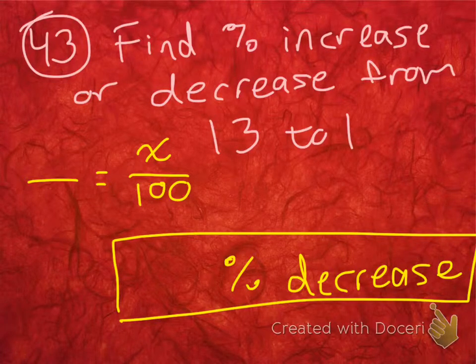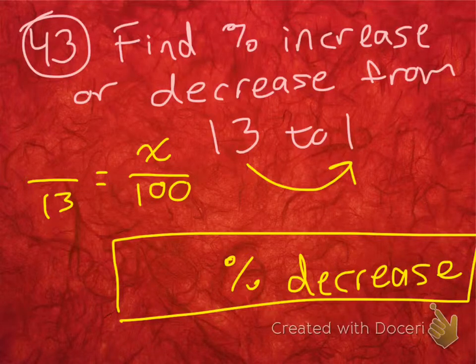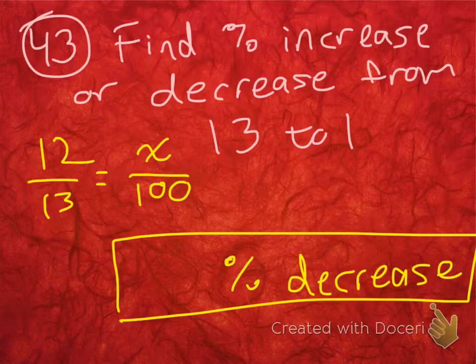So the original number, which hopefully you realize is the 13, that's the original number. That's going to go in the denominator. And the change, how much did it change to get from 13 to 1? Well, it went down 12, right? It subtracted 12. So then we're going to cross multiply here, and we will go from there.